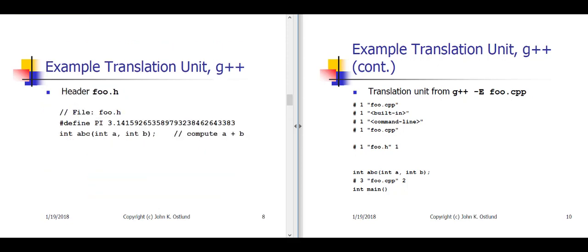Now, here's foo.h from slide 8, and in foo.h, line 1 is a comment, // file: foo.h. The preprocessor strips out the comment and throws it away. So, after preprocessing, line 1 in foo.h is a blank line. The second line in foo.h is a #define directive.